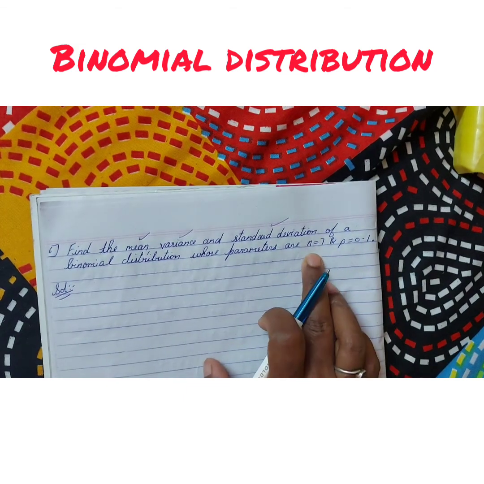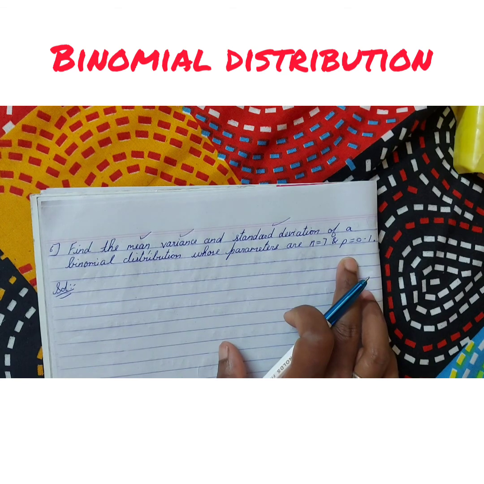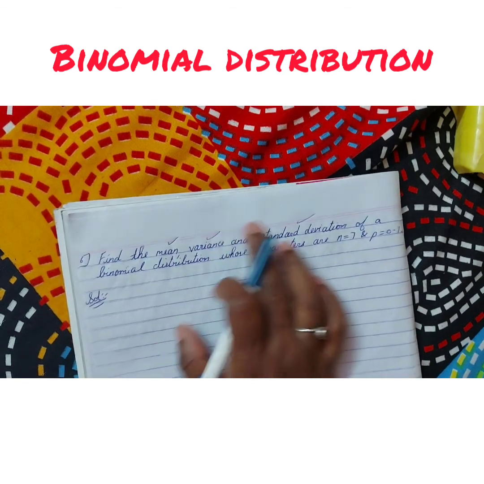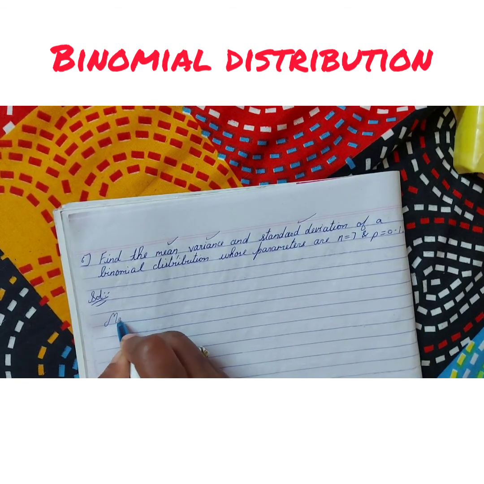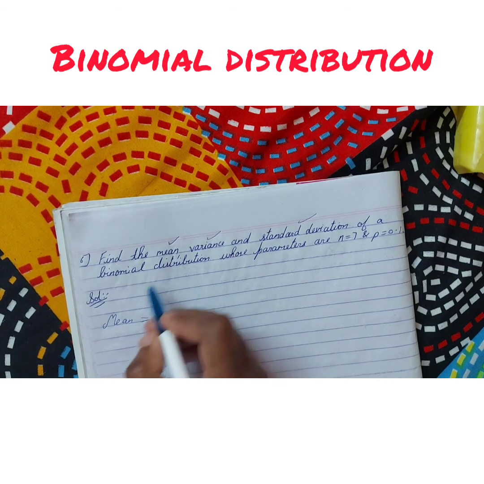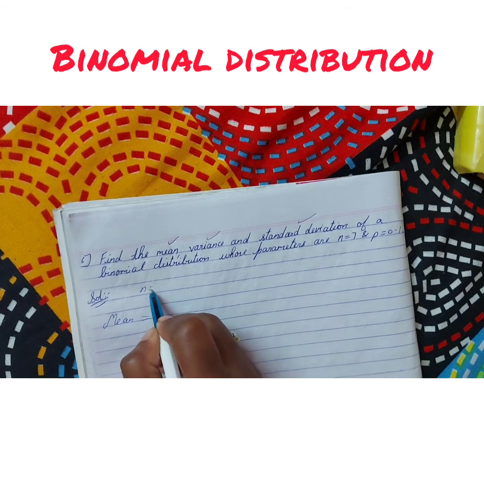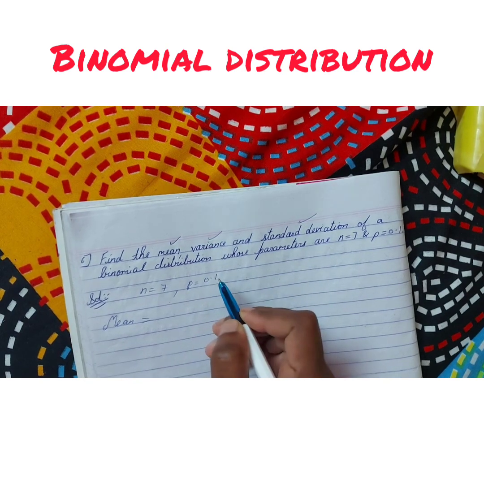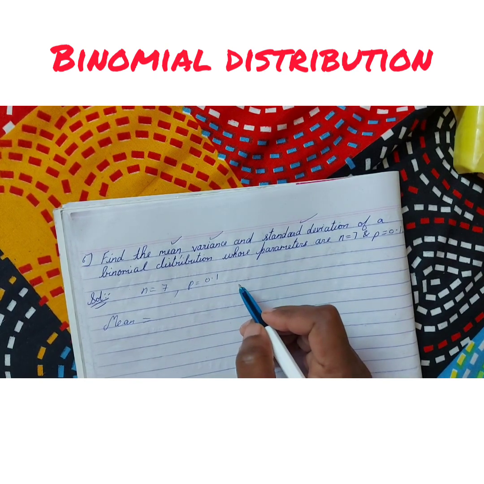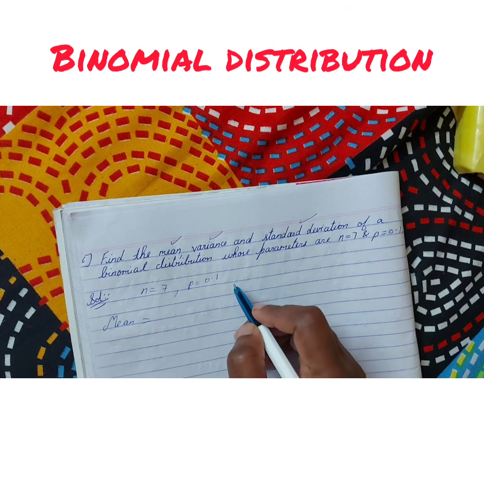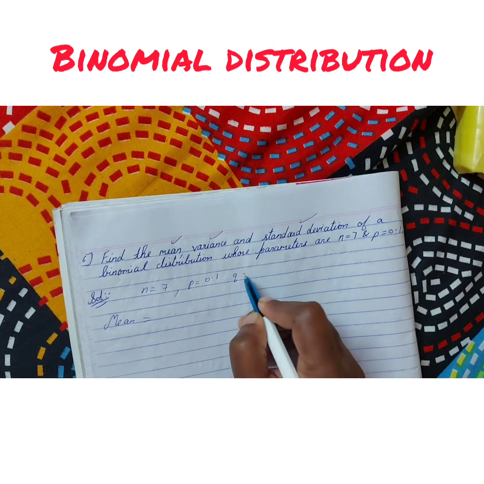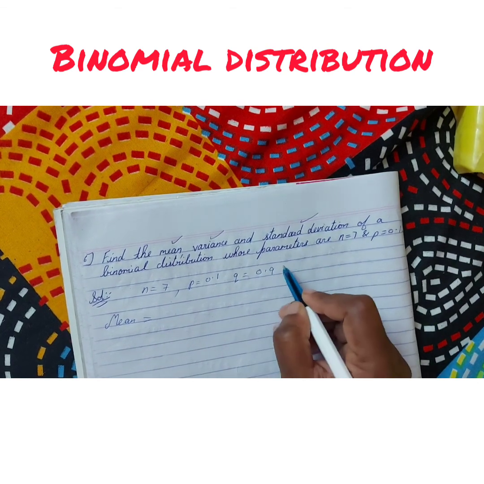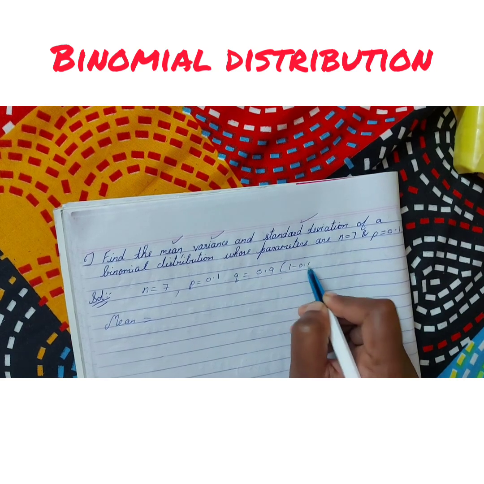So in this problem, straight away n value is given, p value is given. If such type of problem is asked, they have asked mean first. First given, I will write n is equal to 7, p value is equal to 0.1, and then q value will be 0.9. q value is 1 minus 0.1.